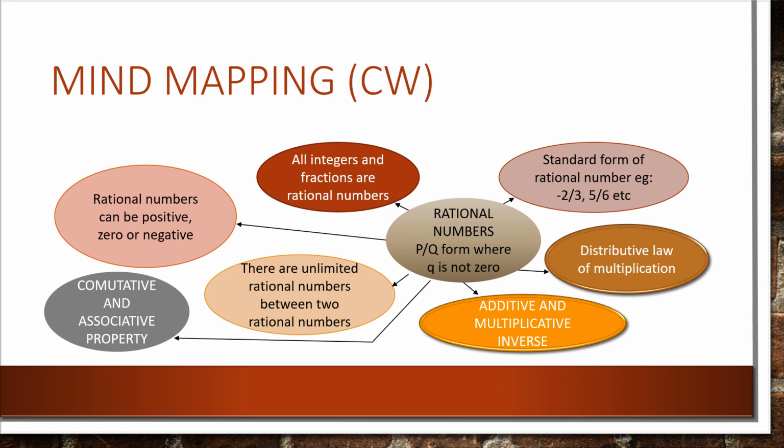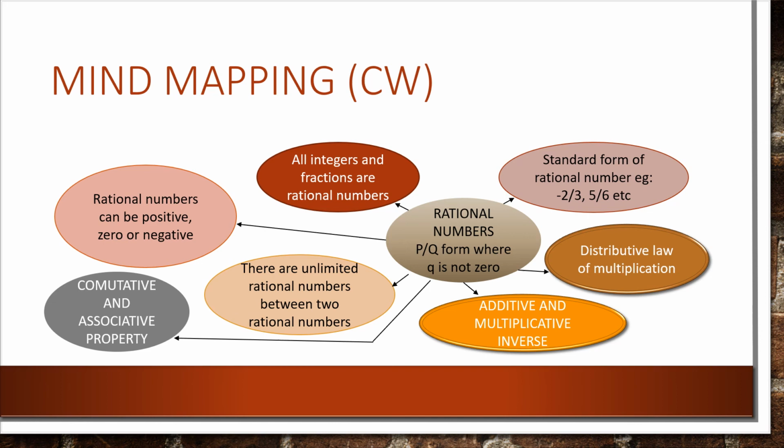Then we have learned that all integers and fractions are rational numbers. Rational numbers can be positive, 0 or negative. There are unlimited rational numbers between two given rational numbers. Then we have learned about the standard form of a rational number, means the denominator should not be negative and the entire number should be in its lowest form.